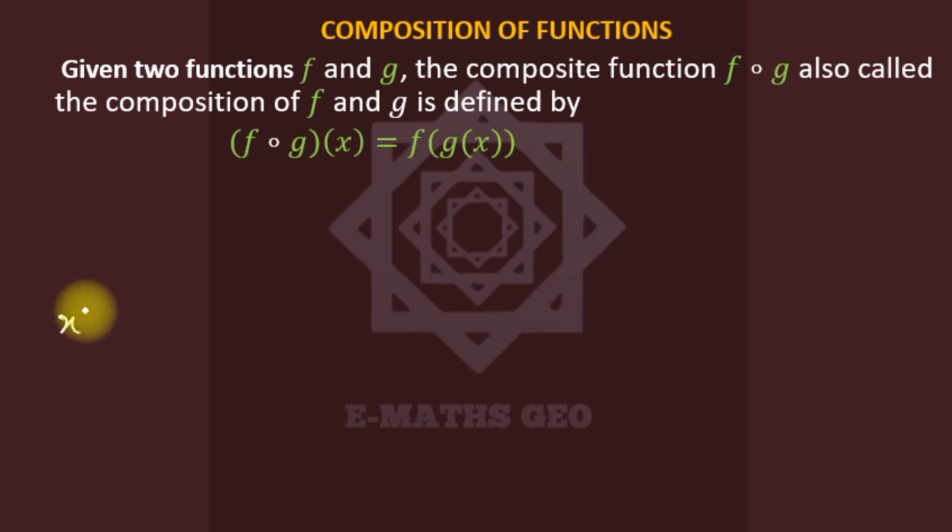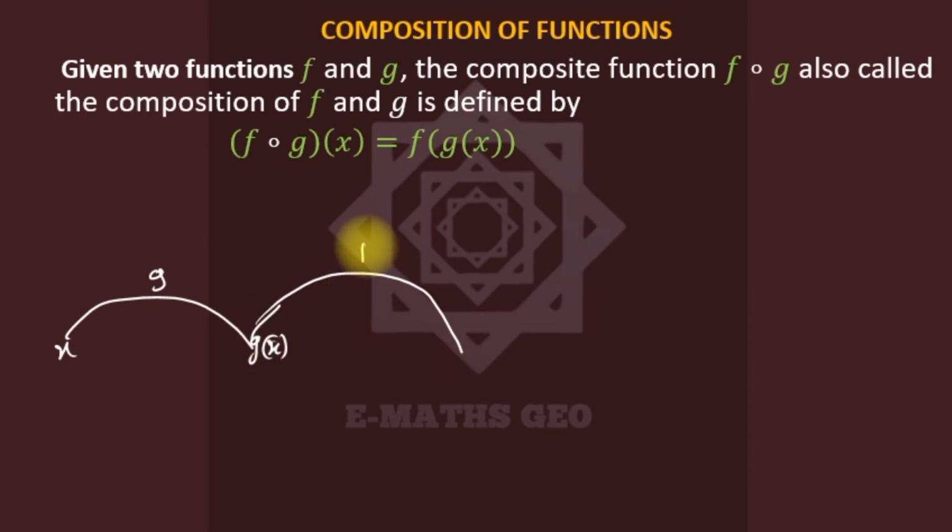Assuming we have x, this is g, so this is g of x. Then this is f, so this is now f of g of x.